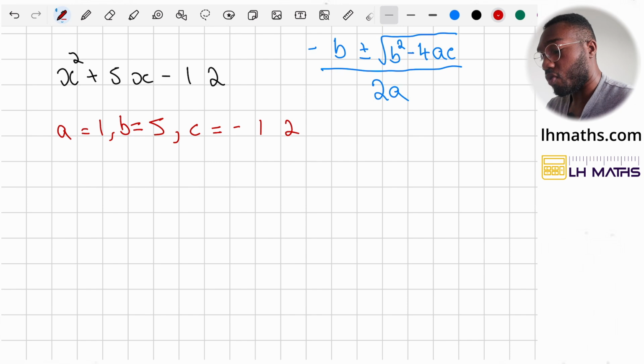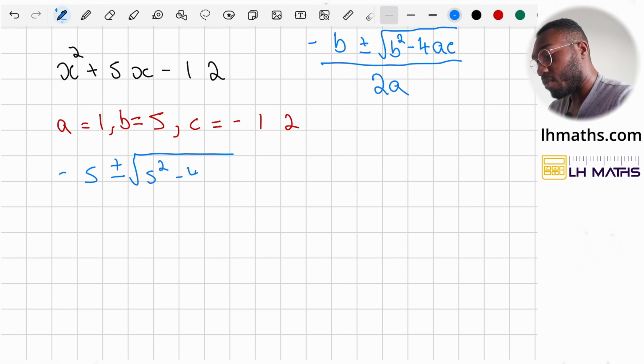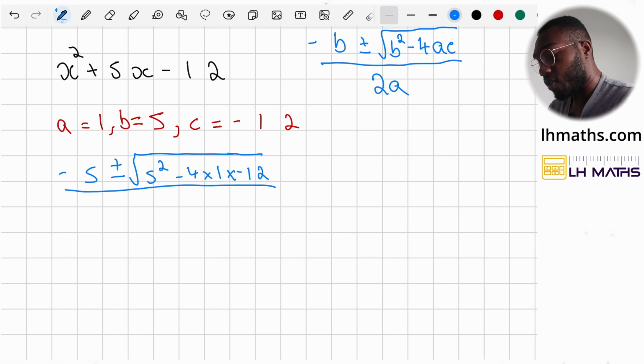And then again, we just use the quadratic formula to help us solve it. So we have a minus 5 plus or minus the square root of b squared, so 5 squared, minus 4 times 1 times c, which is minus 12, okay? And that is, again, over 2 times 1.